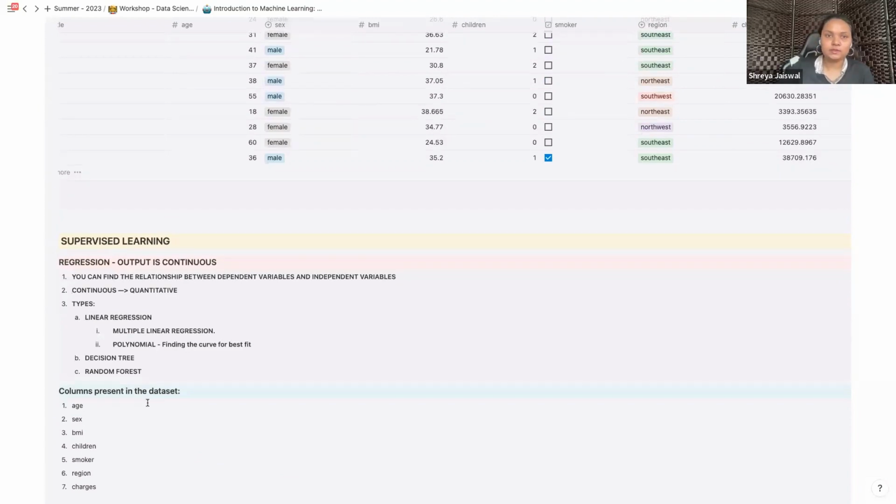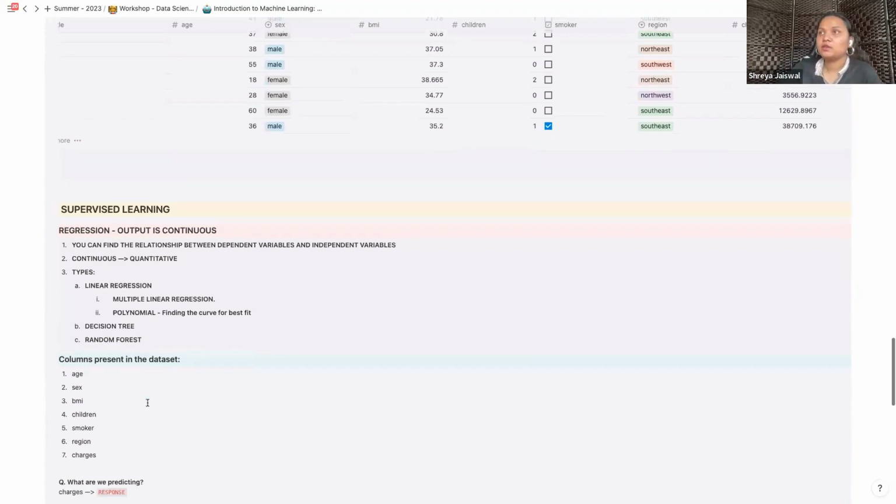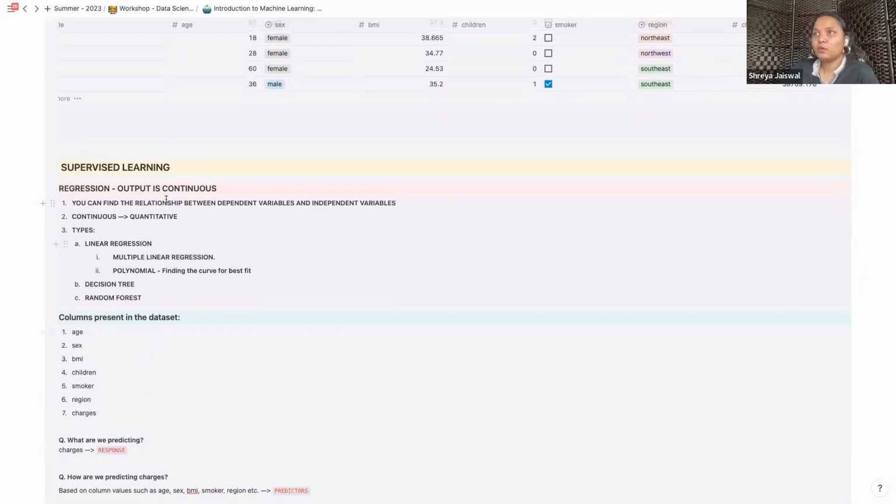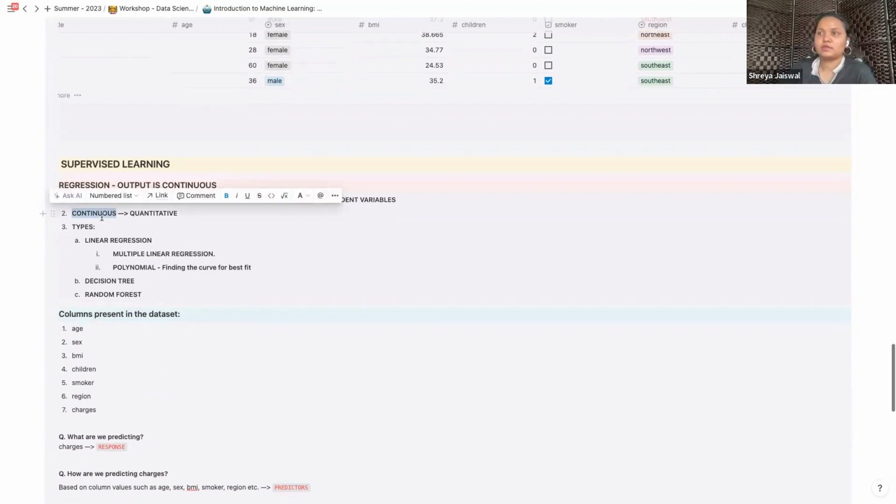And why is it supervised learning? It's because we have our response, we know what we're going to predict. It is a label. It is not something which we do not know. Anything that is a labeled output that we're going to predict is known as supervised learning. So this is quantitative learning and it is continuous.